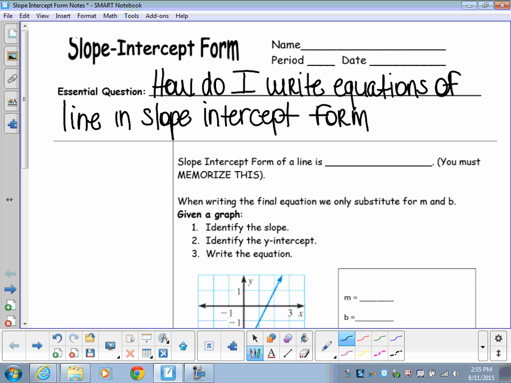Slope-intercept form of a line is y equals mx plus b. You must memorize this formula.